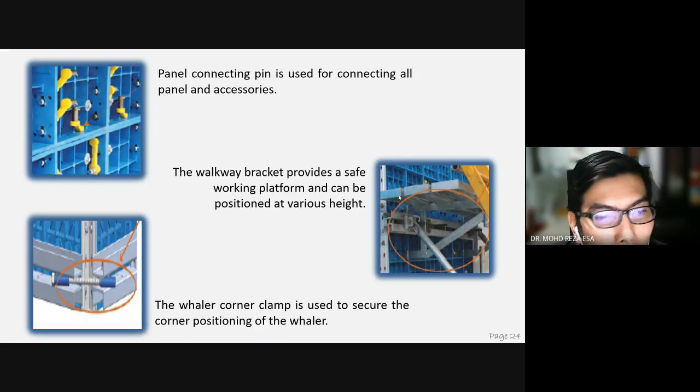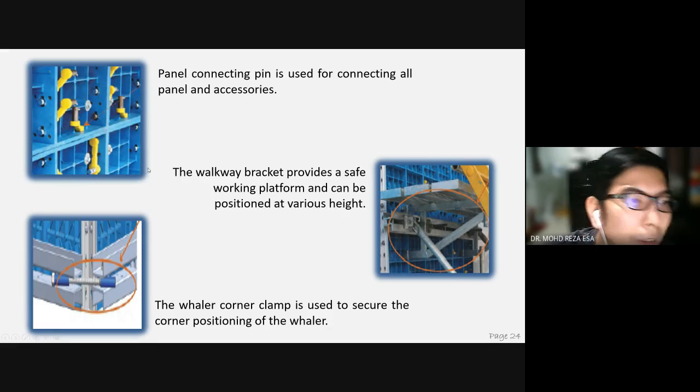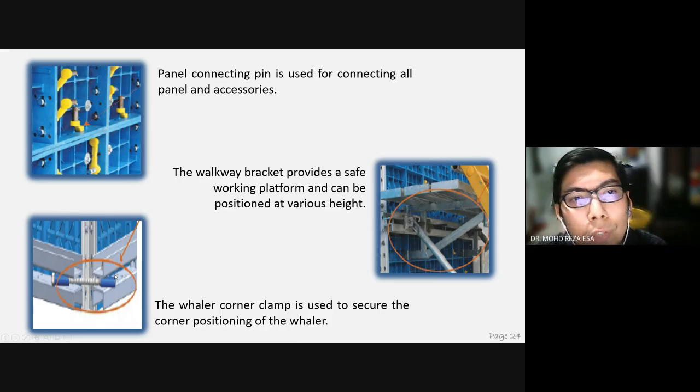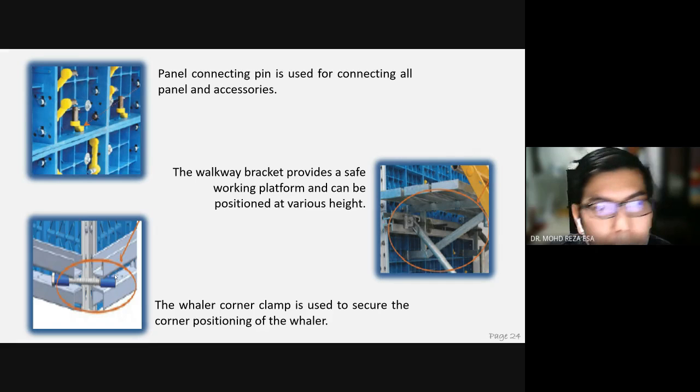Okay, the weller corner clamp is used to secure the corner position of the weller. So kita ada component what we call it as a weller. Okay, kita nak clamp penghujung edge of the formwork system kita.